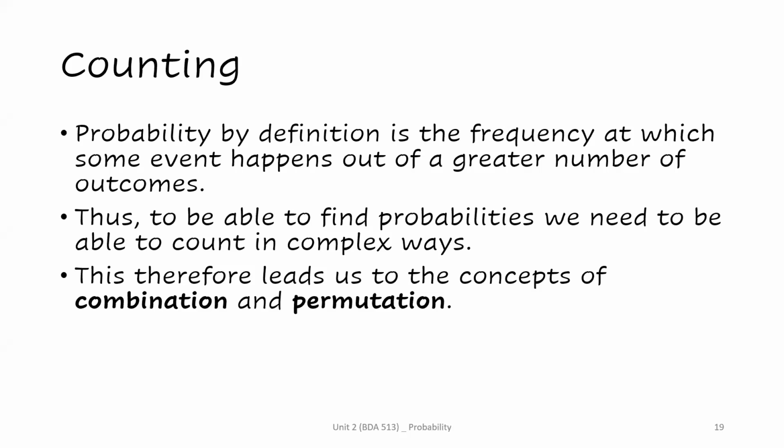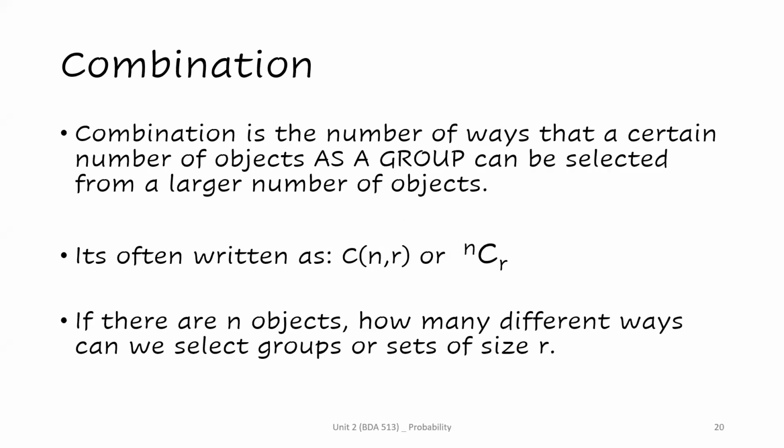So let's see what we mean by counting in terms of combination. This is the number of ways that a certain number of objects as a group can be selected from a larger number of objects. It doesn't matter the order in which you select the objects, so far as they're in the group.